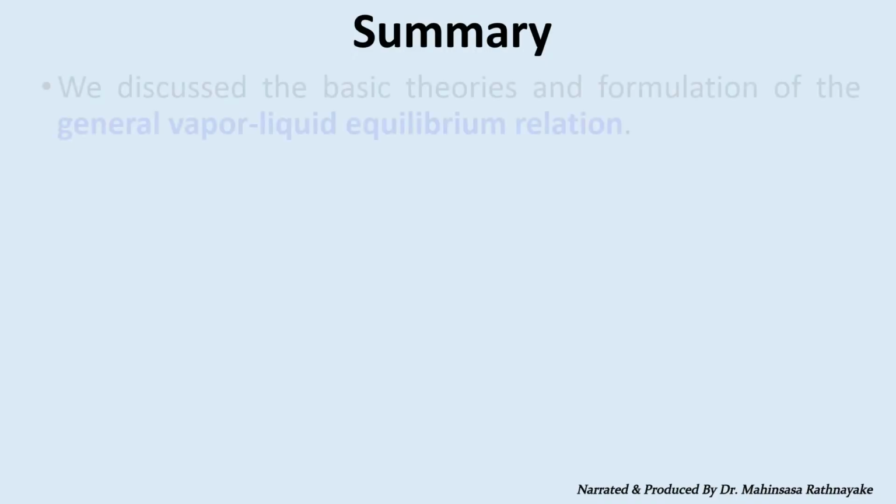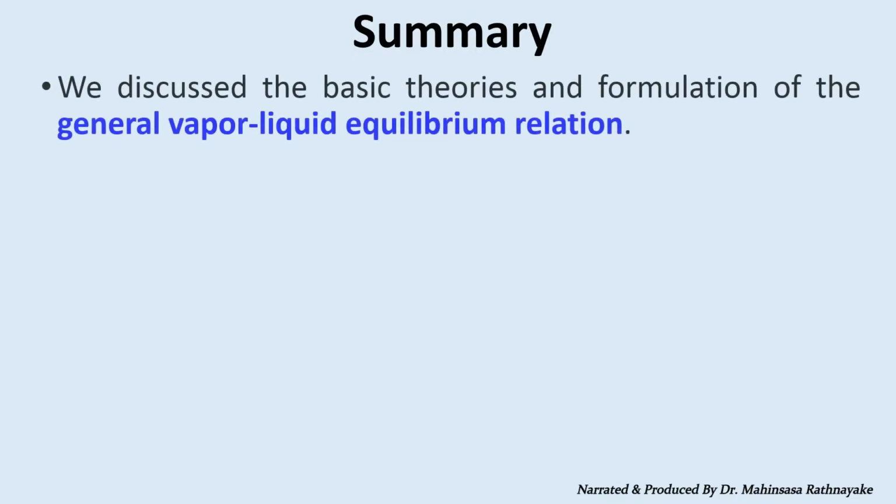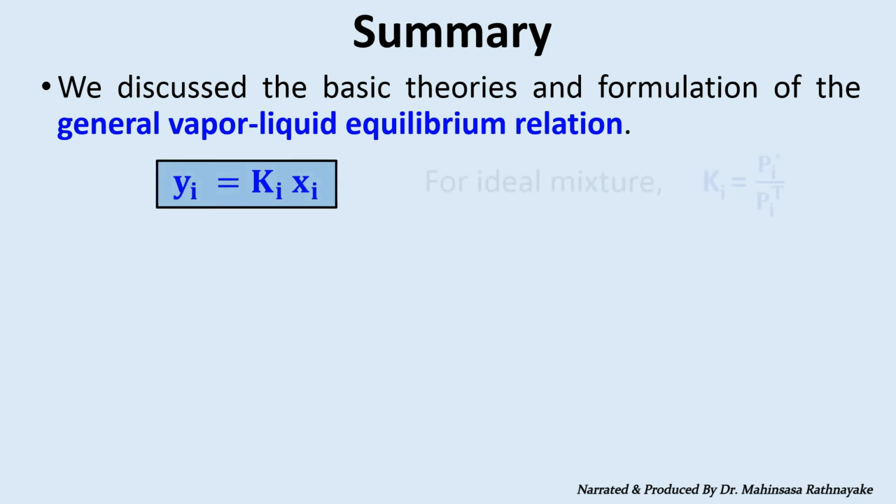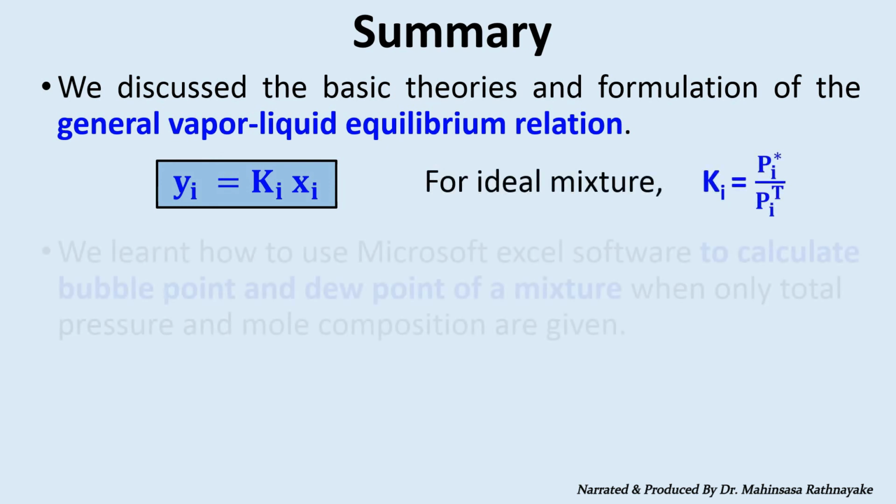As a summary, in this video lesson, we discussed the basic theories and formulation of the general vapor-liquid equilibrium relation, that is, vapor mole fraction of i is equal to K value multiplied by the liquid mole fraction, where K value is the equilibrium ratio. For an ideal mixture, K value is equal to vapor pressure divided by the total pressure.